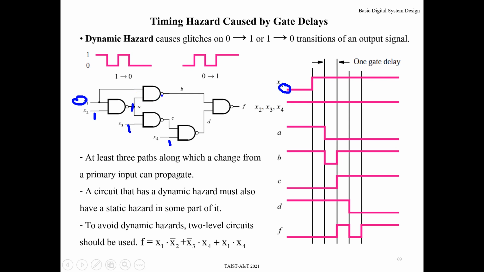B, 0 here, B is also 1. And C is 0, 0, 1, then it's 1 here, 1, 1, then F is 0. Okay, follow this.